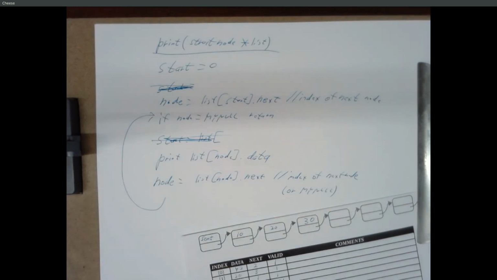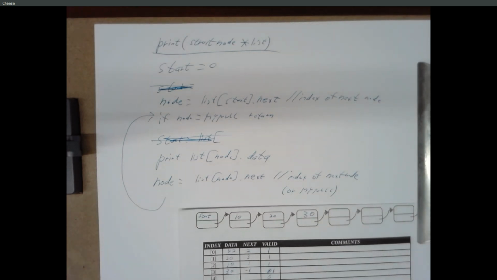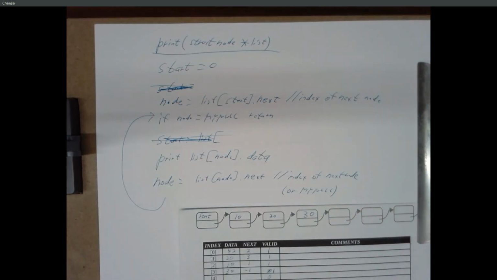So go back up here. Now you can clean this up. I didn't have to use start. I could have used node up here, then I could just branch back up to this line. But this might be the way you develop it, right?